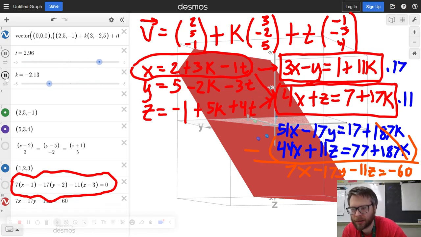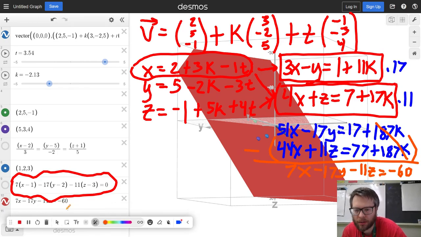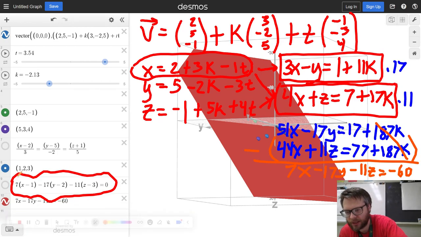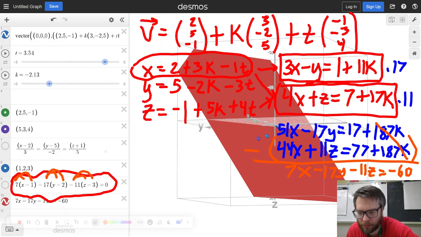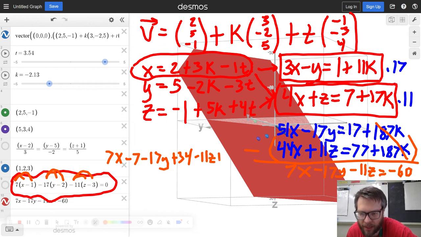So let's just go back, let's turn these puppies off. The distributive property just says that if you did 7 times x, 7 times 1, 17 times y, 17 times 2, 11 times z, 11 times 3, you'd end up with 7x minus 7 minus 17y plus 34 minus 11z plus 33.